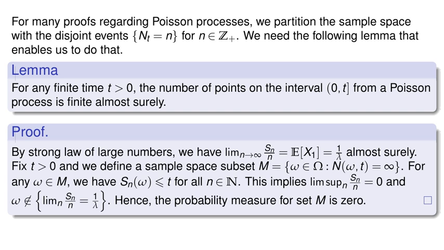This would imply that the limit superior of S tilde n over n is 0. But this contradicts the strong law of large numbers, which states the limit is 1 by lambda, a positive constant. Therefore, the set M must have probability measure 0.